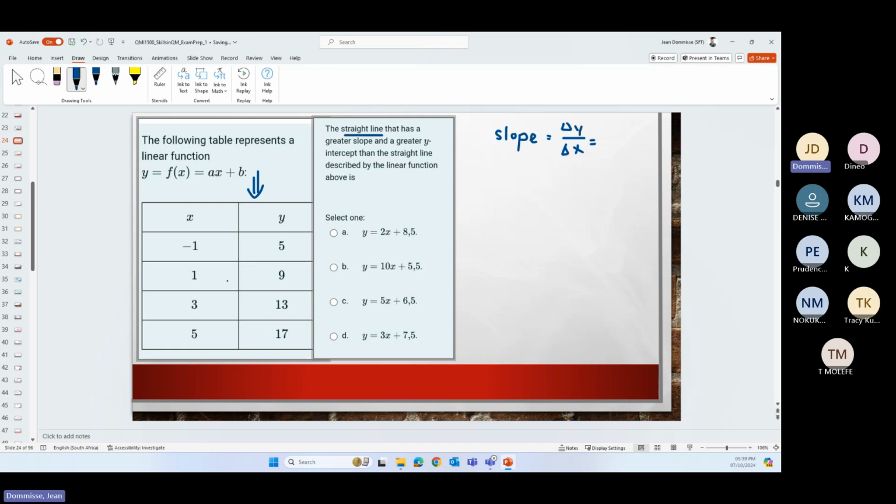So if we take that as y2 minus y1 over x2 minus x1, or even some of the others, it's supposed to give us the same. So change in y is 9 minus 5.